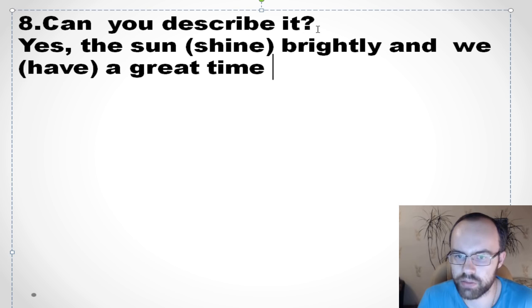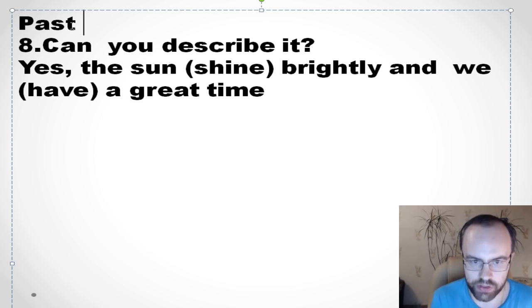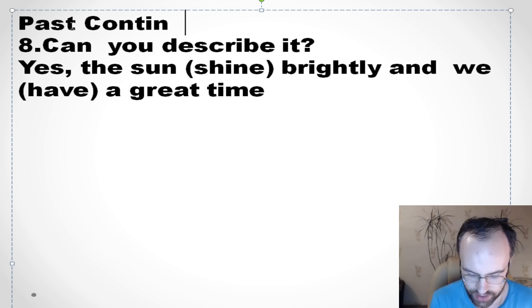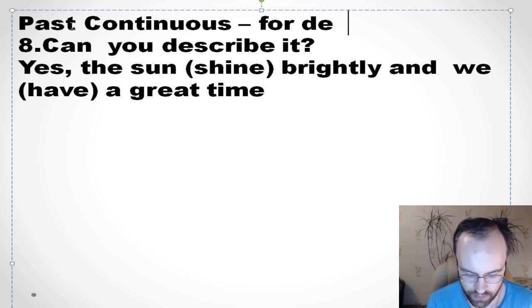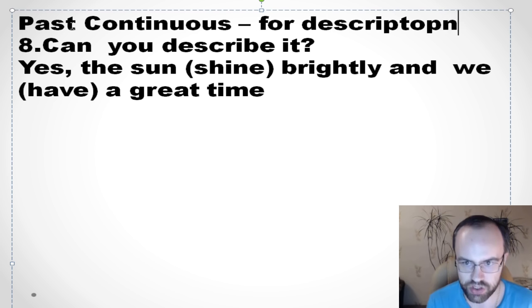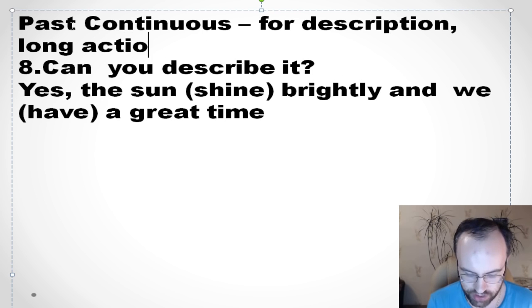Look, can you describe it? You know that if you describe something, it's usually long actions. So you need to know that we use past continuous for description. You use past continuous for description, my friends, and it's about long actions.